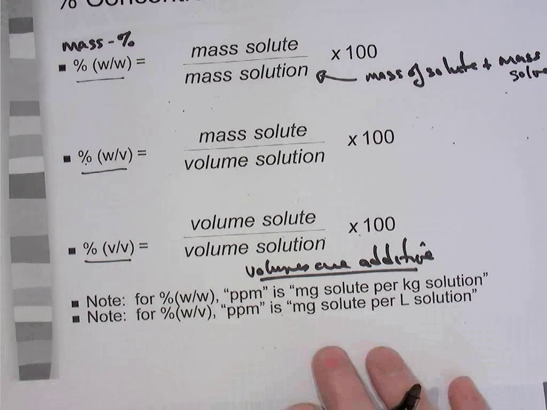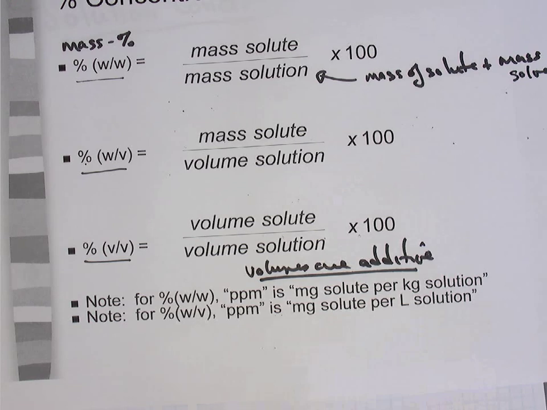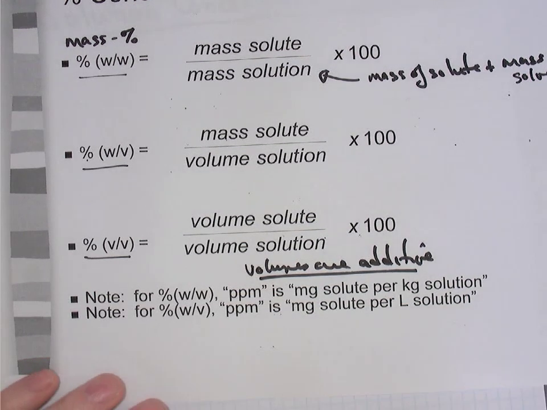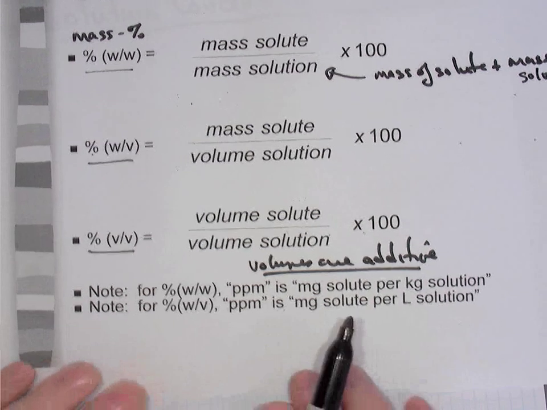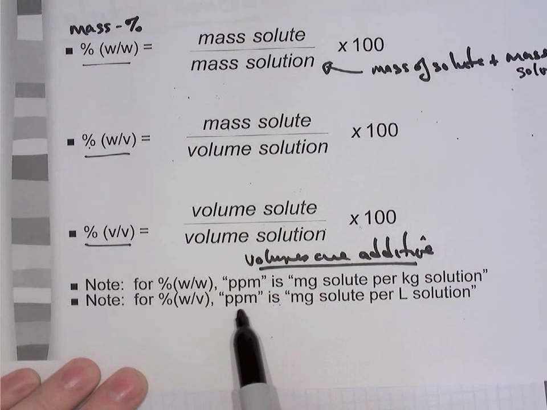If you take 50 mL of methanol and mix it with 50 mL of water, you'll get less than 100 mL of solution in the real world because those particles, when they mix, actually fit in between each other to a small degree. So volumes are not, in the real world, always additive, but in most problems you'll be told to assume that. One other note here before we go and do some actual problem solving.